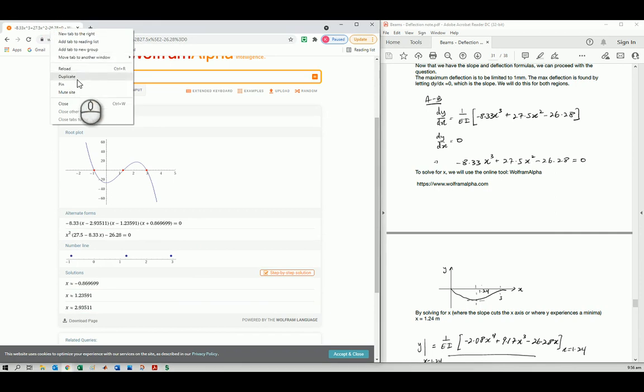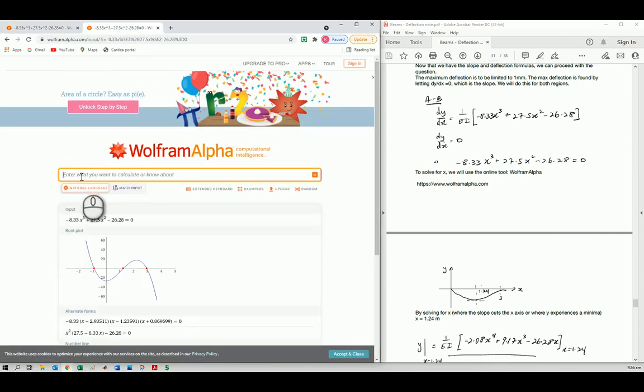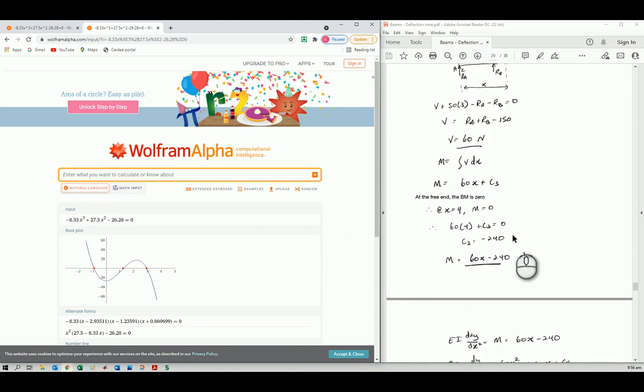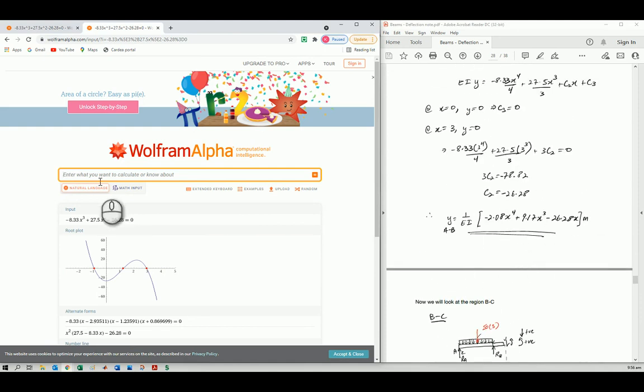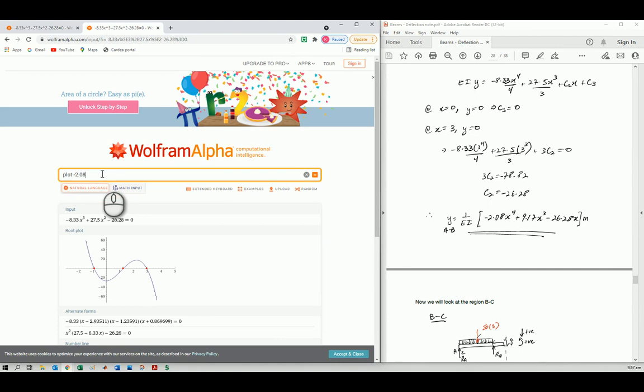So what we could do, we could open another Wolfram window, just remove this, and put in the deflection equation. The deflection equation for y between A and B is this expression here. So we could enter that, and we could say plot, because we want to plot a curve.